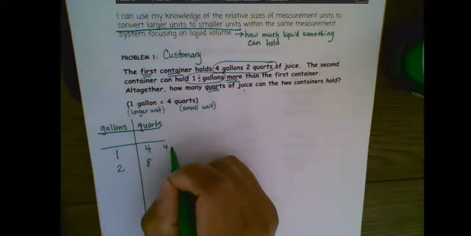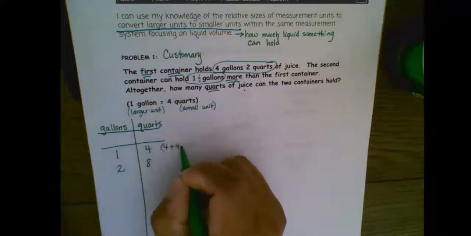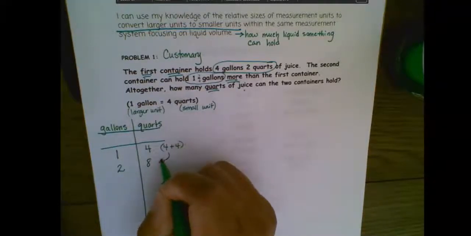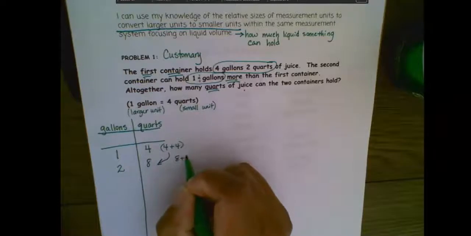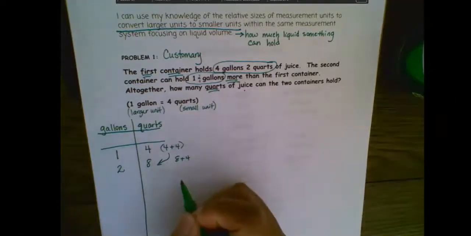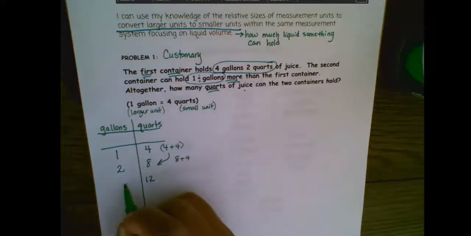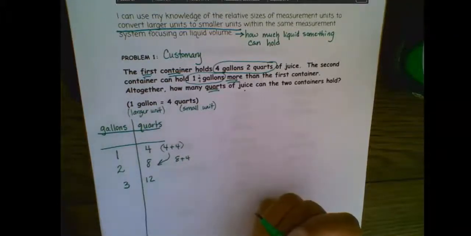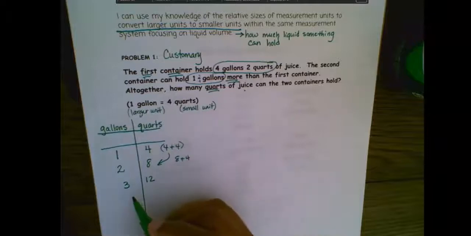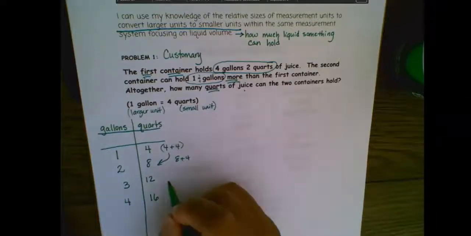Because 4 plus 4 equals 8. 8 plus 4 equals 12. So if I have 3 gallons, it equals 12 quarts. If I have 4 gallons, it equals 16 quarts.